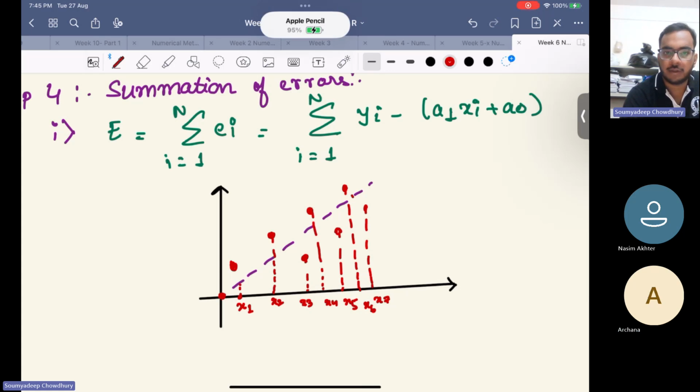Did you understand the concept I'm talking about? Hello? Did you understand the concept? Yes, sir. So what are these red points representing here that I have marked?